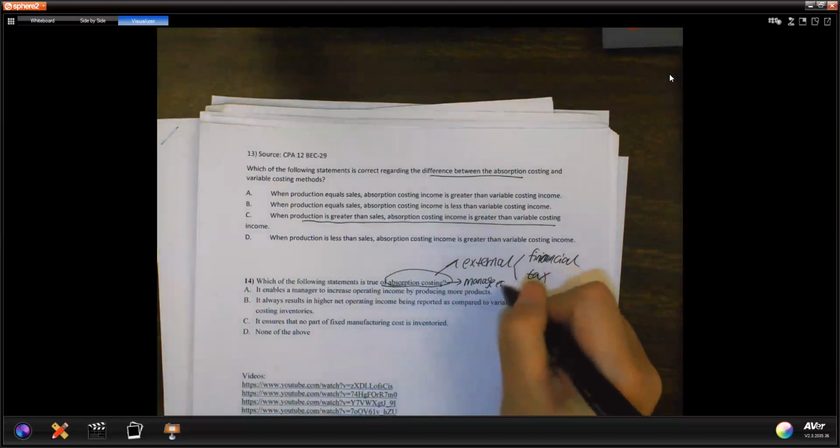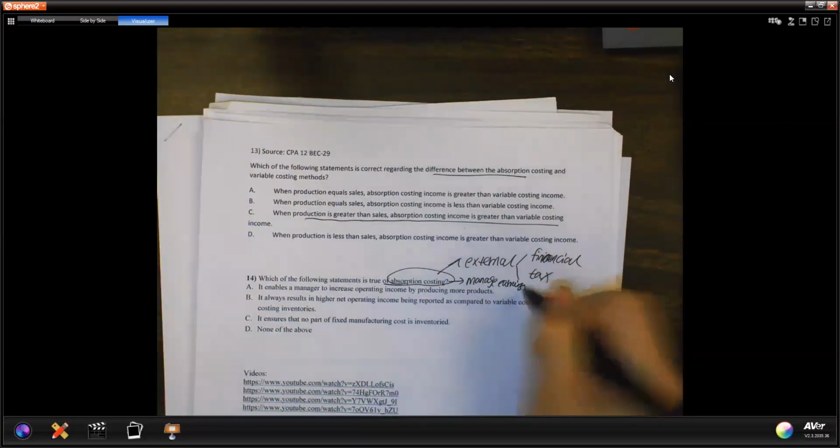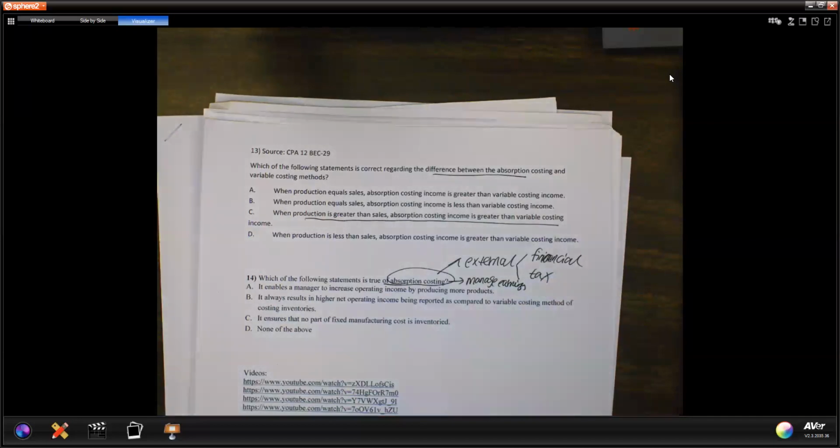Because you want to have a higher number for your operating income. As the manager, one of the easy ways to do it is to produce more, so you can defer part of your fixed manufacturing cost because you only sold a part of your production. So if you know those two parts, then you can say the answer will be A.